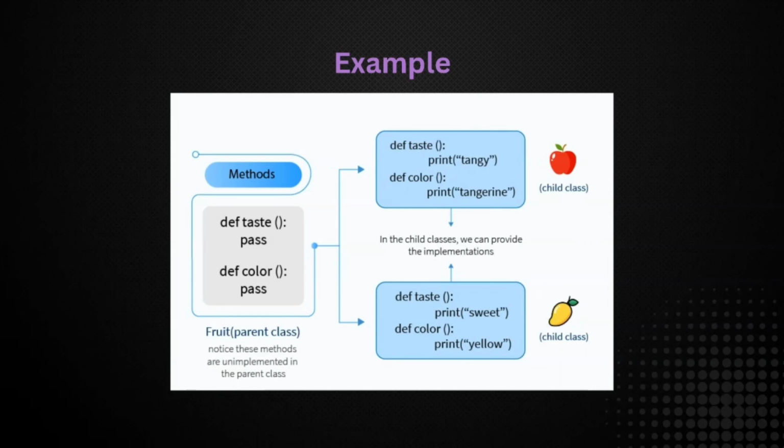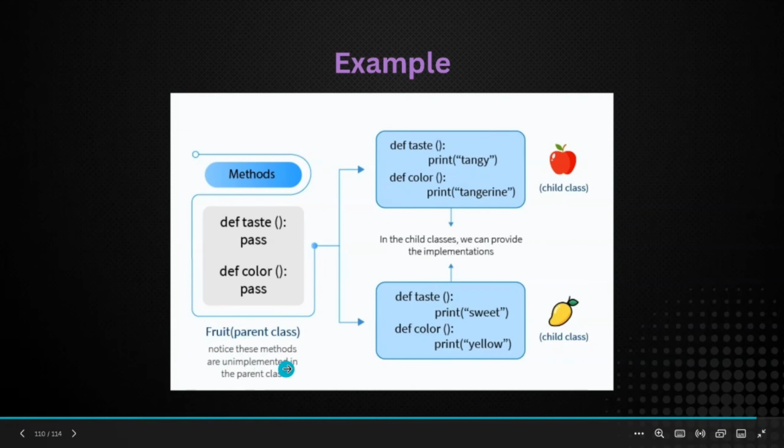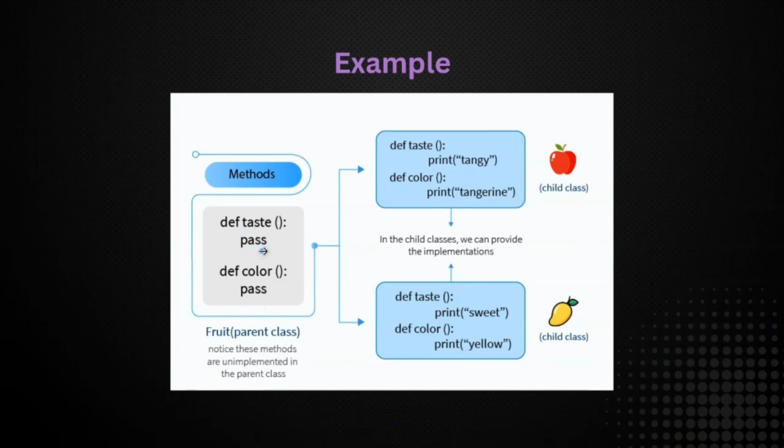We won't be able to access the method of the Fruit class by simply creating an object. We will have to create the objects of a derived class, which in this case are Mango and Apple. Here you can notice that these methods are unimplemented in the parent class. They are only defined in the parent or abstract class, and the definition of their work has been defined in the derived class. So that's the abstract class.